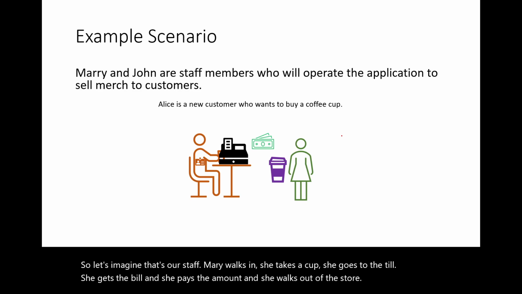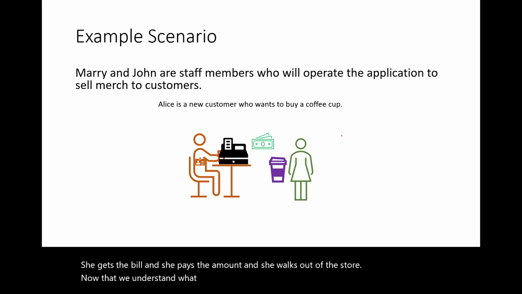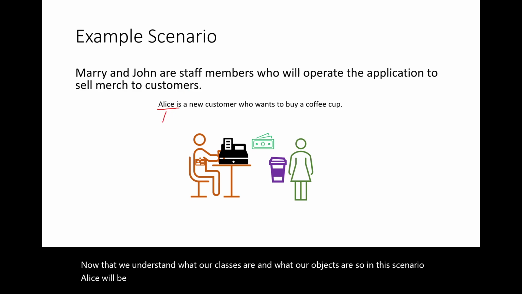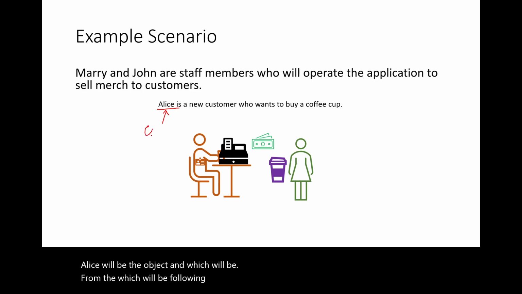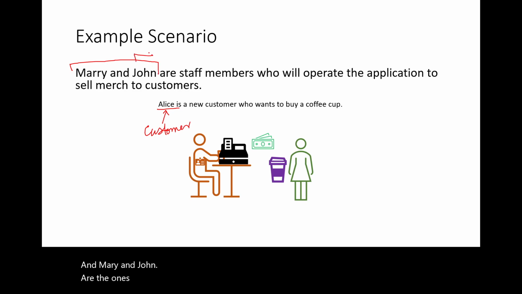Now that we understand what our classes are and what our objects are, in this scenario, Alice will be the object which will be following the blueprint of the customer class, and Mary and John are the ones who will be objects made from the staff class.